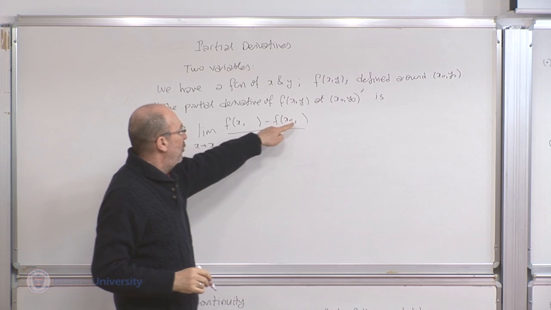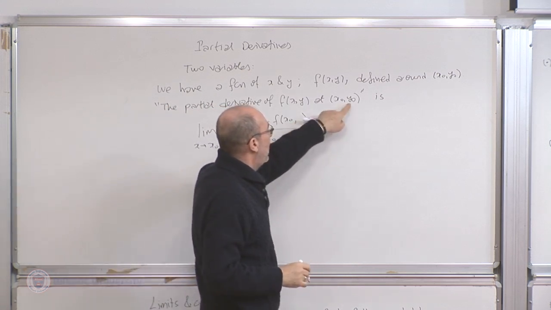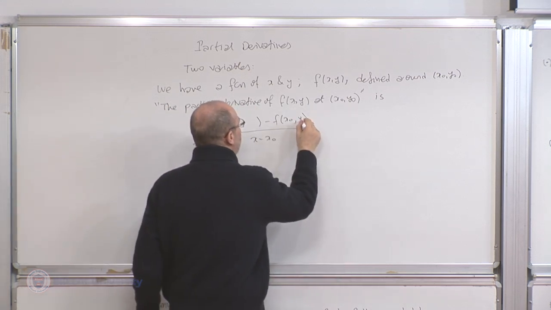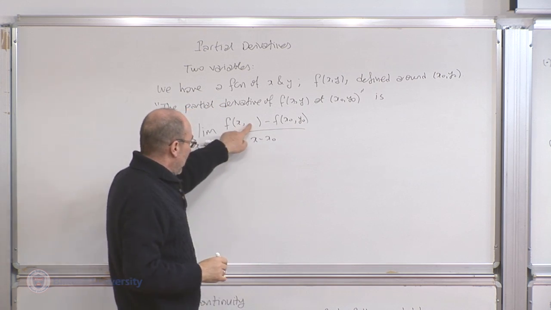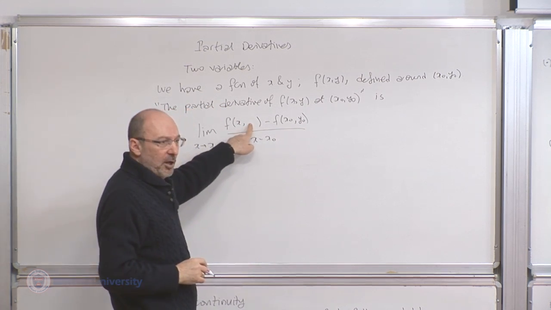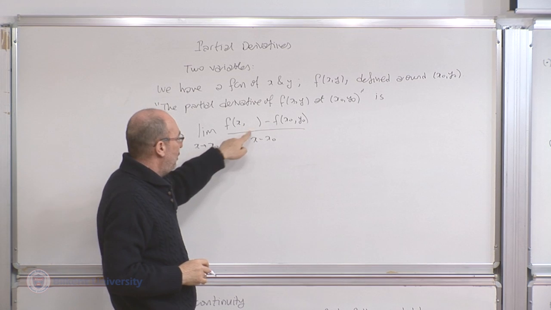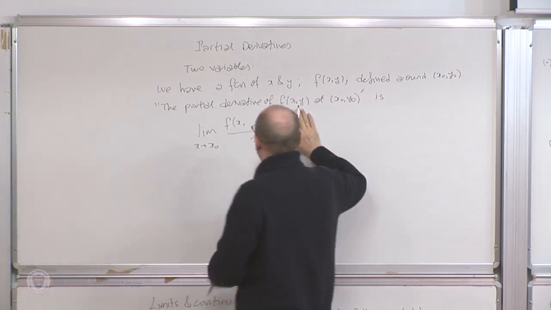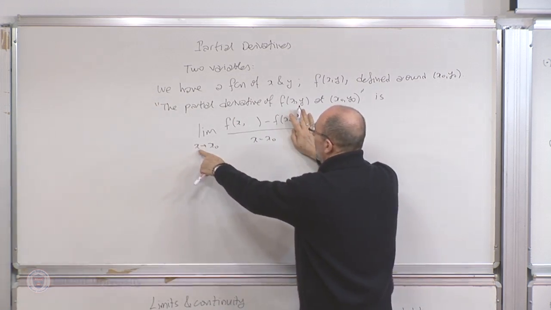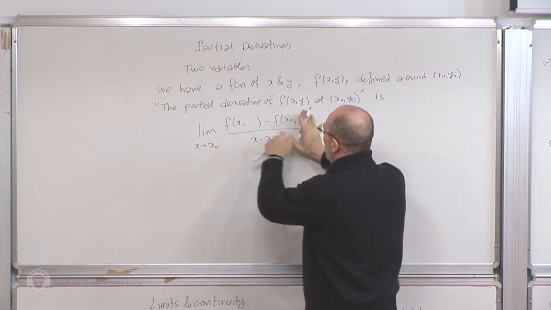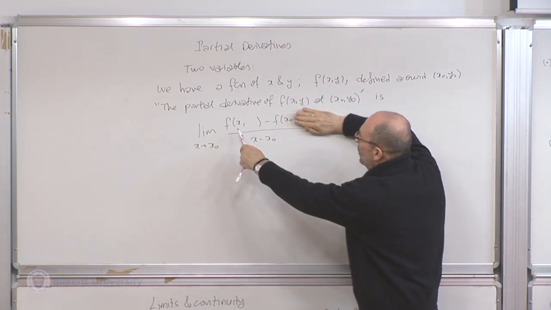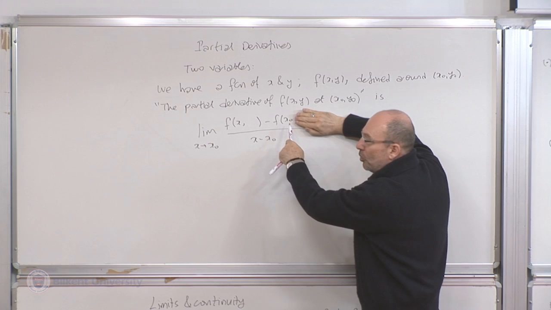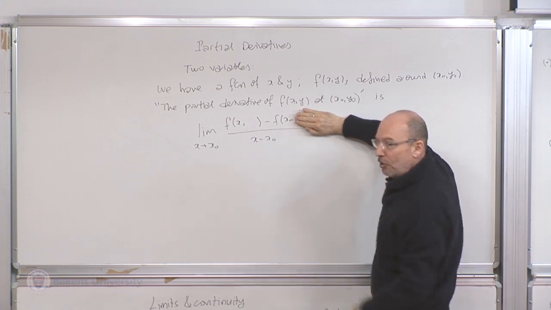So what do I put here? Here it is clear that I should put this y sub 0. Now, what do I put here? I have to put something here. Remember in the one-dimensional case, when I send x to x sub 0, this thing goes to f of x sub 0, so that this is 0 over 0.